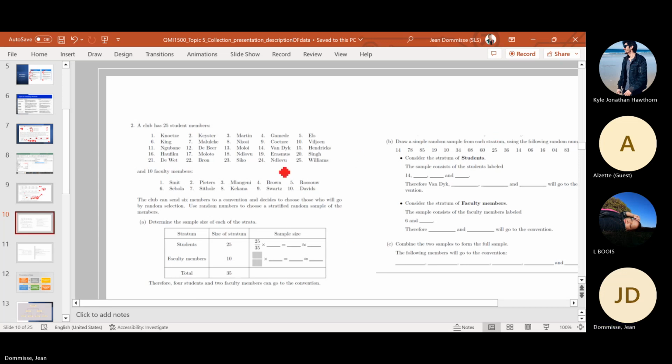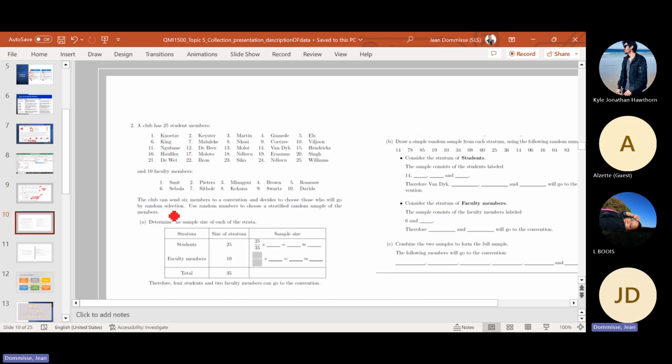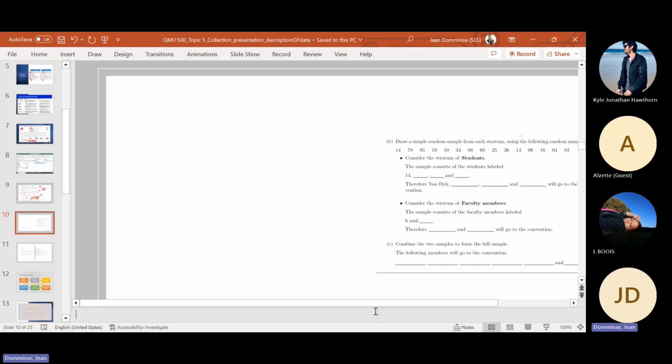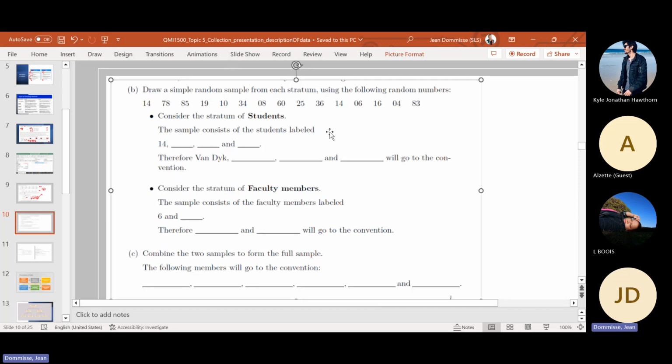Okay, so basically we've looked at this one part. So what also can happen with this is, now that you've selected your data, they can ask you a few things. So they can say, well, certain of the numbers are students, certain of the numbers are faculty members.